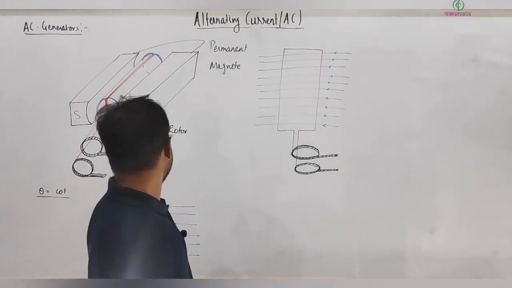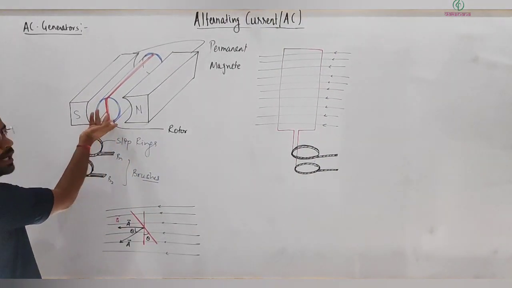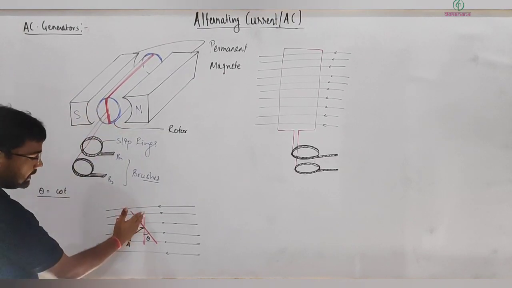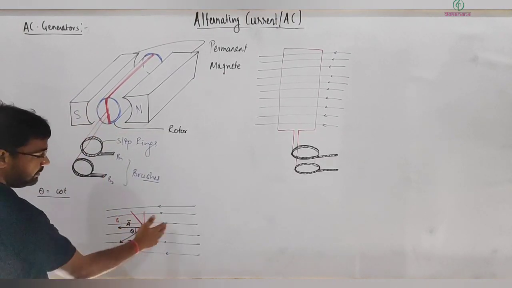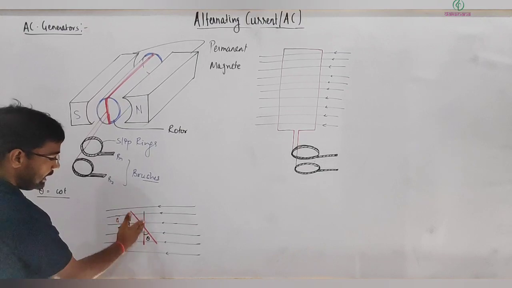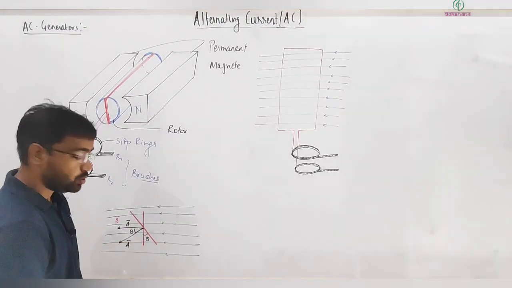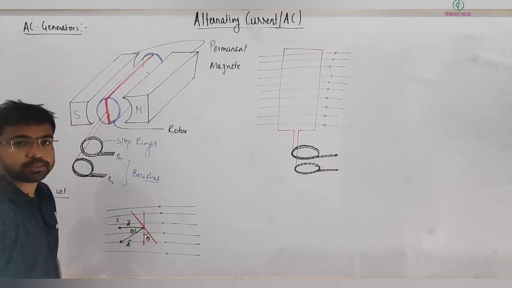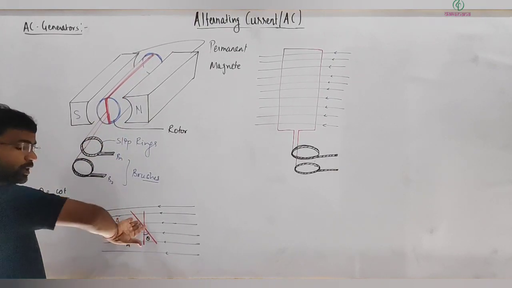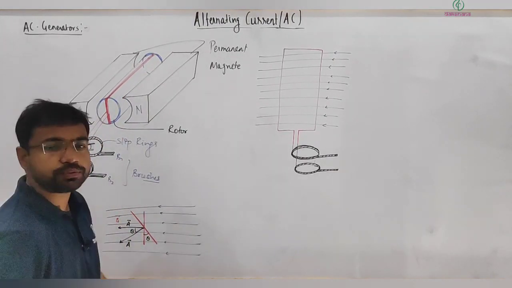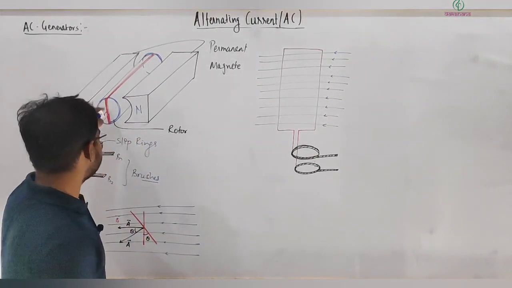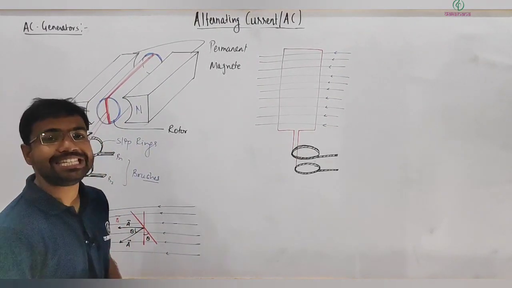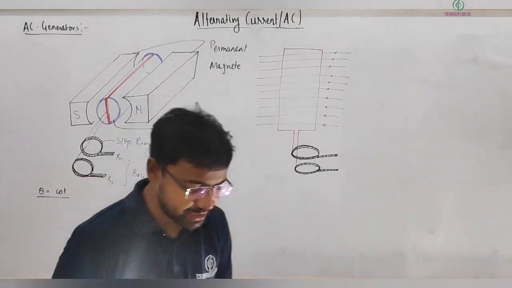But because it's continuously rotating, in this orientation at this moment the magnetic field lines cross it and the flux through this loop will be maximum. Once it starts rotating, the flux through this loop will change, and I can express that flux.